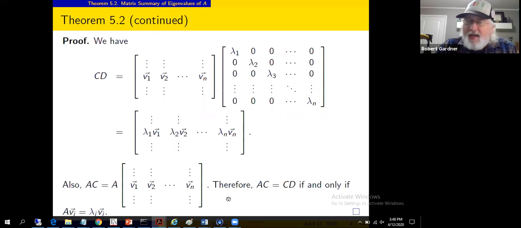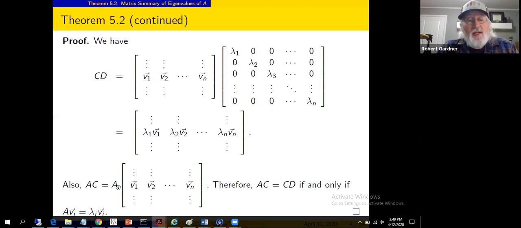When we first encountered products of matrices, we made an observation that what we'll get in the product will be this matrix applied to, say, the second column of this matrix as the second column of the product AC. Well, here the second column, for example, is lambda 2 v sub 2.